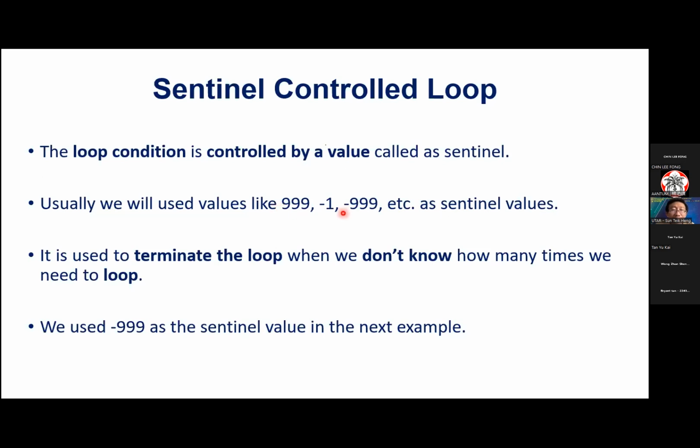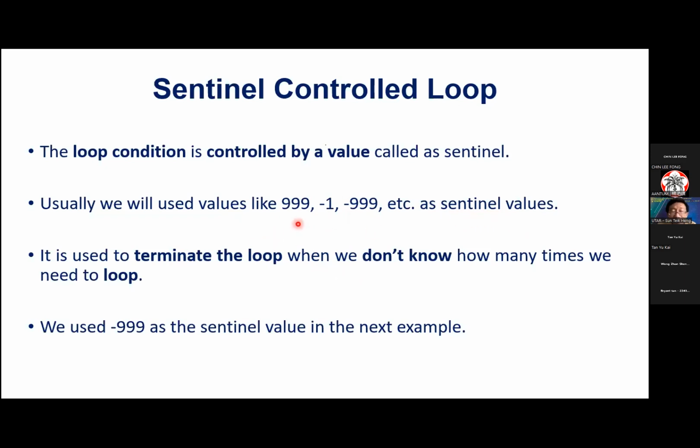When the loop encounters these sentinel values, the loop will terminate. We do not know how many times it will loop. The loop will just continue to loop until it encounters the sentinel value.